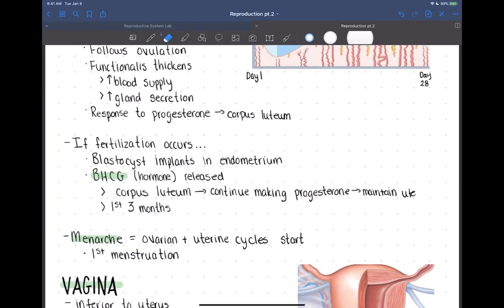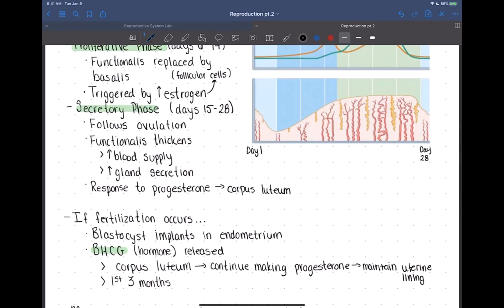Because if beta-HCG weren't produced, that progesterone production from the corpus luteum would stop. The corpus luteum would become a corpus albicans. It would stop producing progesterone, and then we would enter this menstrual phase here, where we shed that functionalis layer.